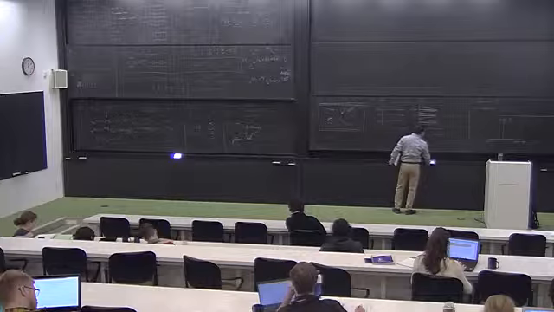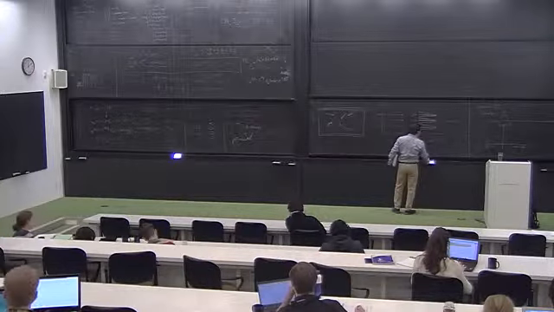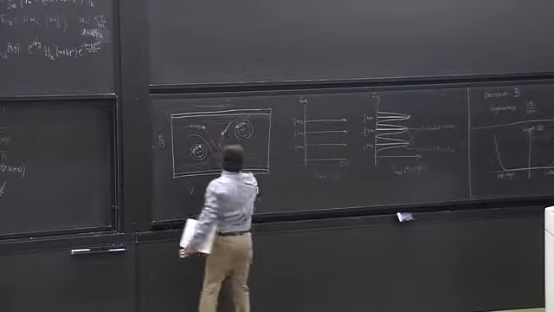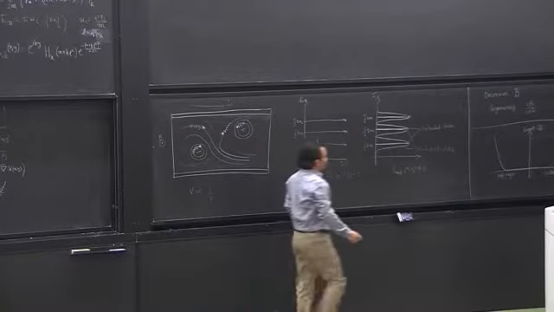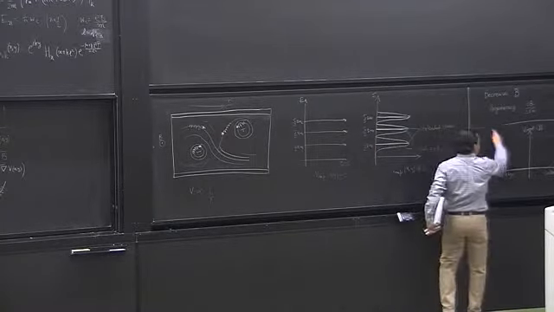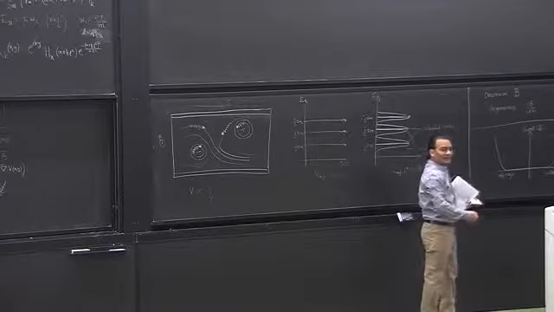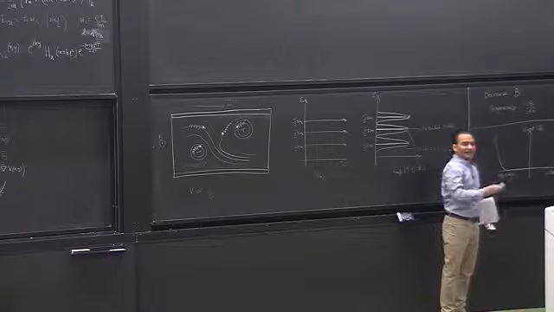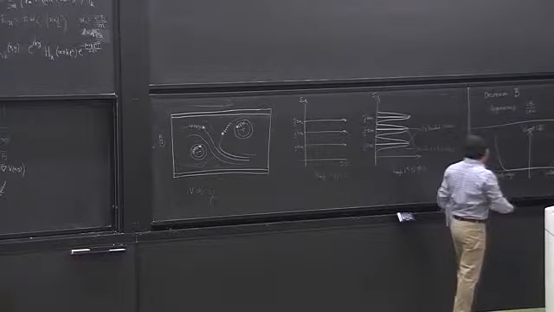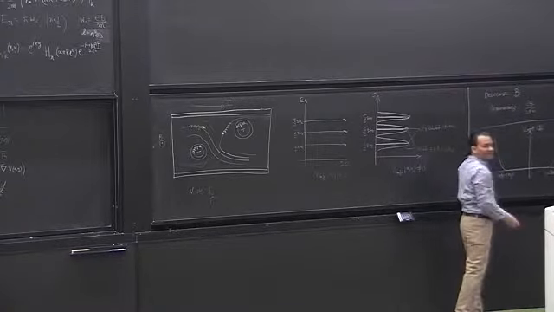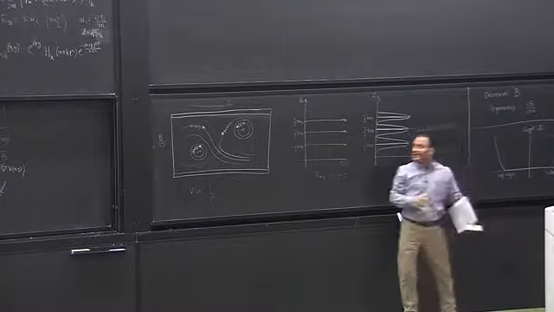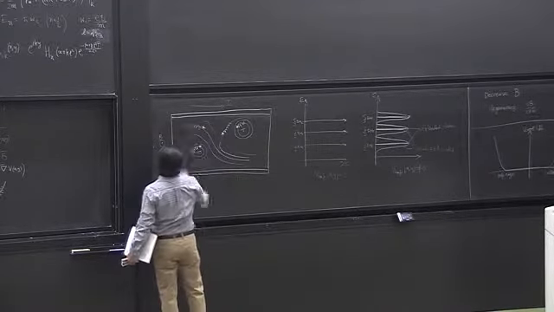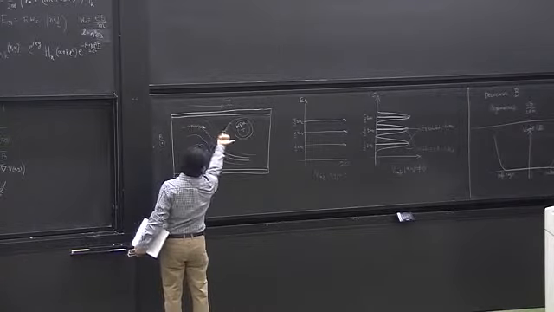We can also figure out what the direction of electron drift will be. Let's do that. On the top edge, the potential, what is the derivative? The slope is negative, so the electric field, which is the negative of that, is in the positive Y direction. So E cross B is in this direction.